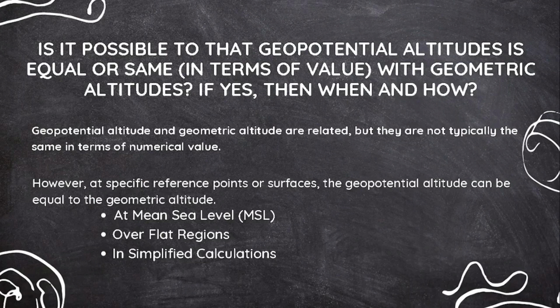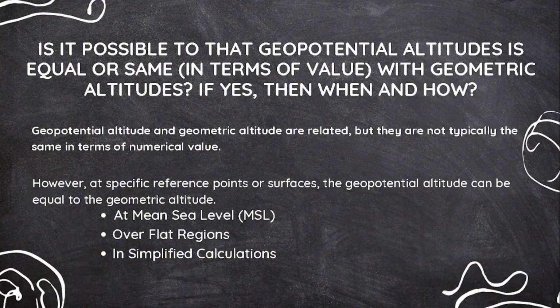The geopotential altitude is generally not the same as geometric altitude because the gravitational field of the Earth is not uniform and it varies with altitude. However, at specific reference points or surfaces, the geopotential altitude can be equal to the geometric altitude.